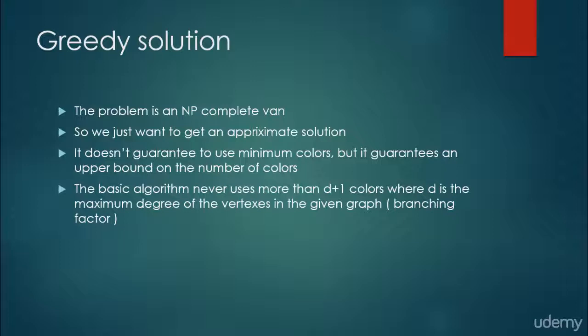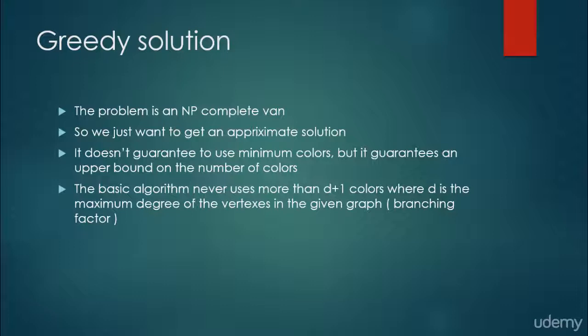So, as I said earlier, there are 2 main approaches, the greedy solution and the Welsh Powell algorithm. Let me tell a few words about the greedy one, because the problem is an NP-complete problem.